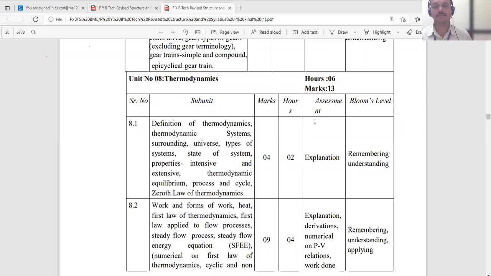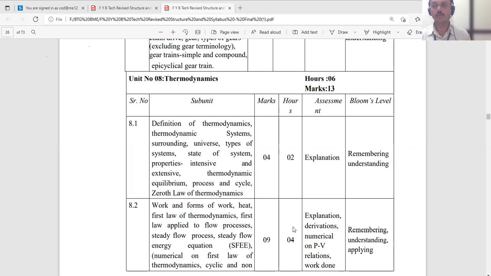dash, intensive and extensive, comma, thermodynamic equilibrium, comma, process and cycle, comma, Zeroth law of thermodynamics.